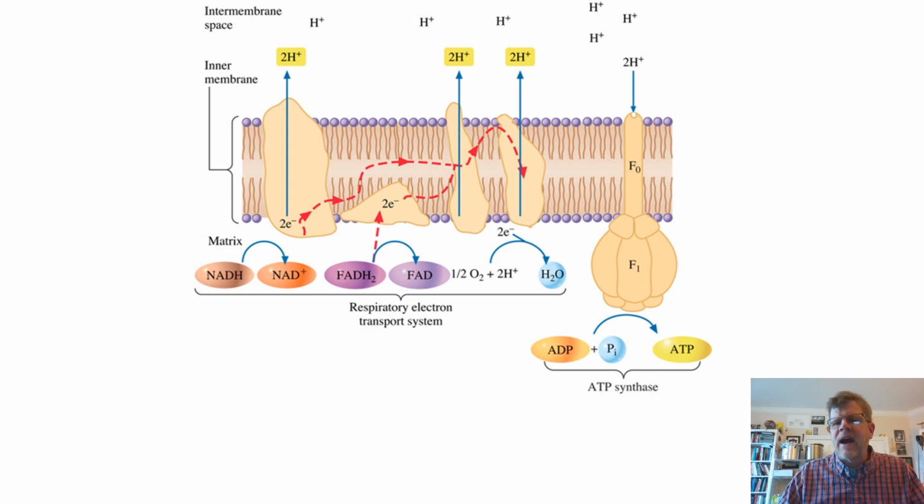Remember now, that hydride, H-, contains 2 very energetic electrons. So it's not really the hydride that is important here, but the 2 electrons that it contains. Once NADH, over on the left-hand side, docks with the first protein in the electron transport chain, it injects those 2 energetic electrons within it.